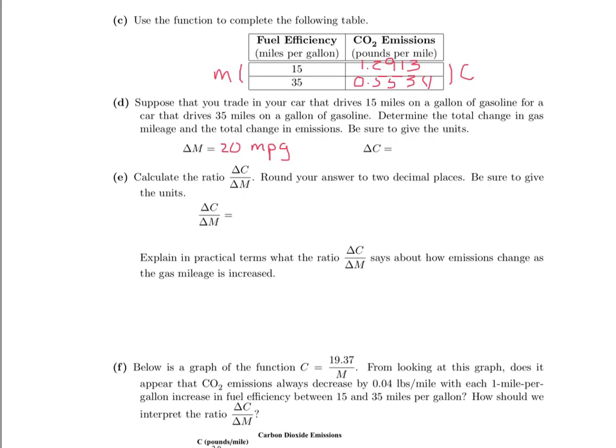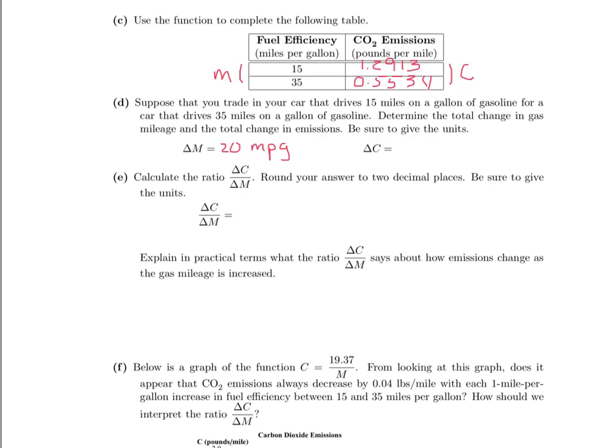So to interpret this change, we can say that we can drive an additional 20 miles on each gallon of gasoline by switching our car from a fuel efficiency of 15 miles per gallon to a fuel efficiency of 35 miles per gallon.